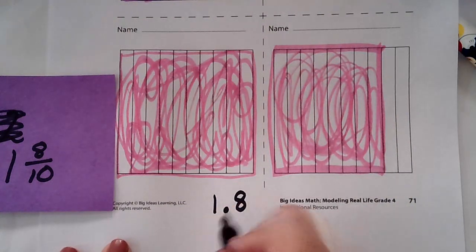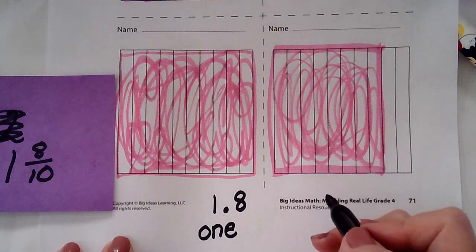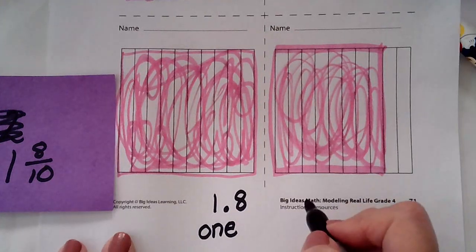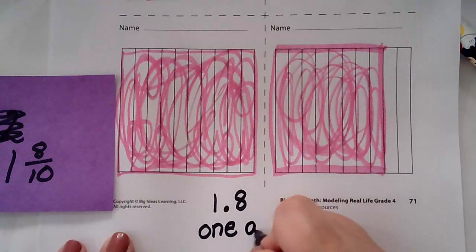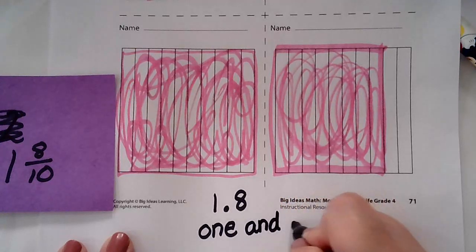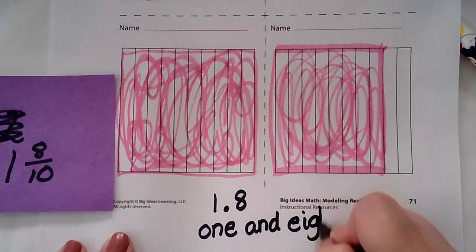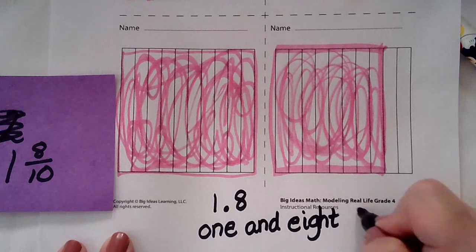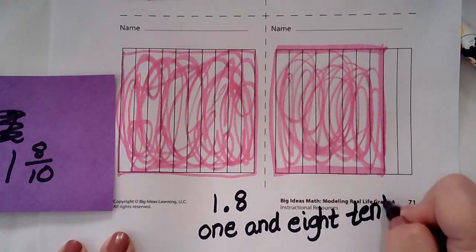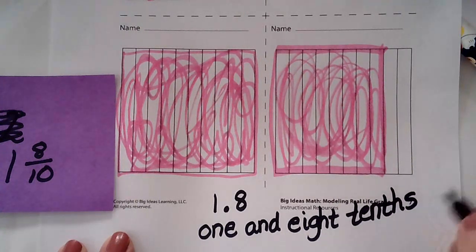How would we say this? We would say 1, and then remember when we were looking at the place value chart with the decimals, we have to say 1 and 8/10. That decimal point, you say and.